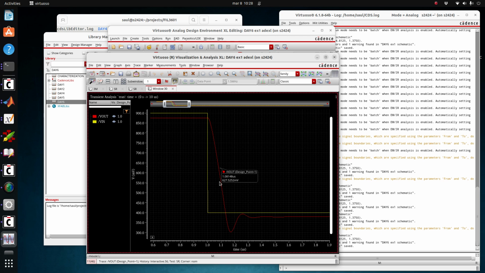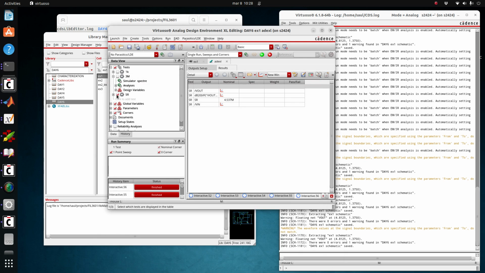And we see that the slew rate is a little bit faster than before. So now we are going to simulate at higher frequency. We go to variables and then we double the frequency to 1 meg, and then we send it to simulation, and let's see.